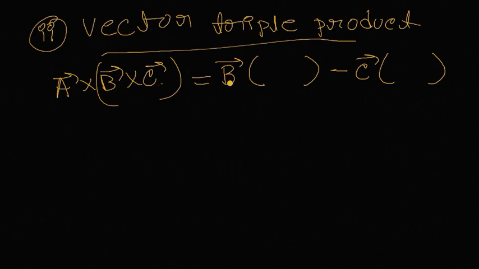Like we have already written here B vector, then the rest of the vector is A vector and C vector. So the dot product of A vector and C vector, and for this C vector, the dot product of A vector dot B vector.